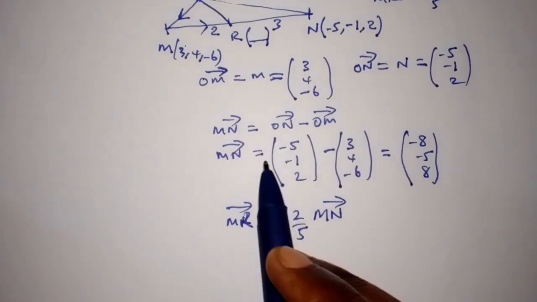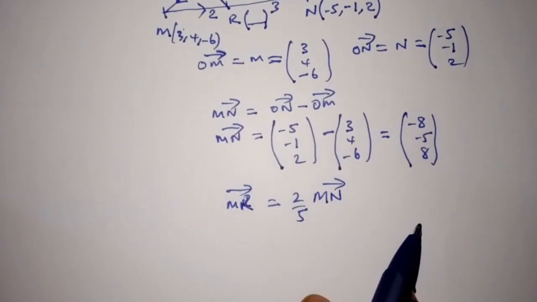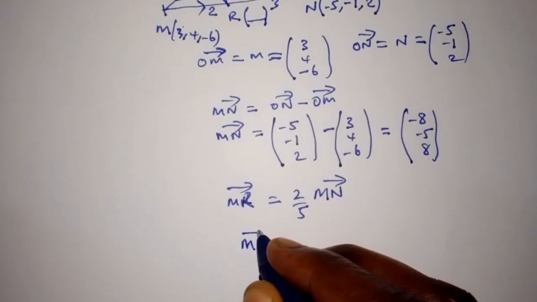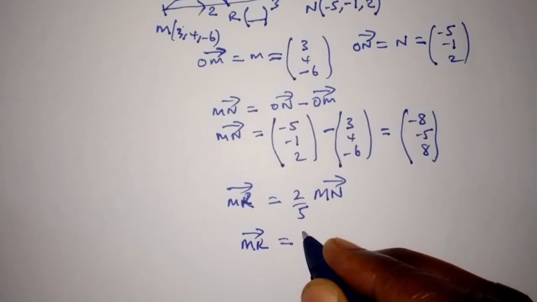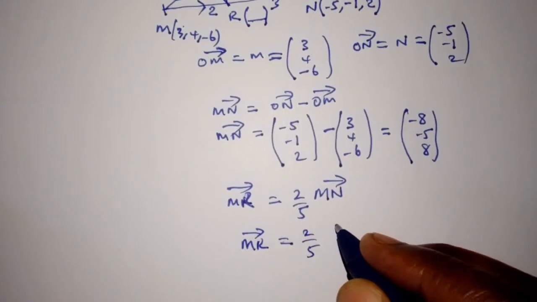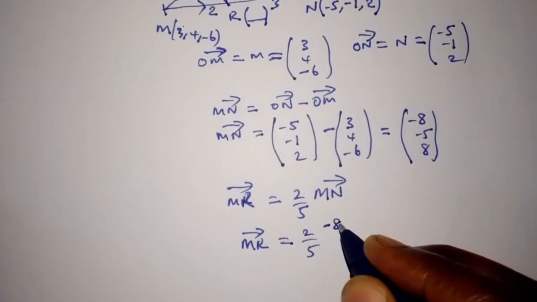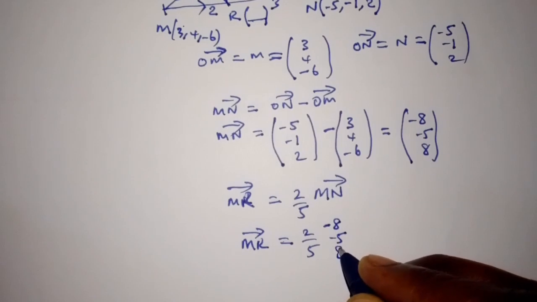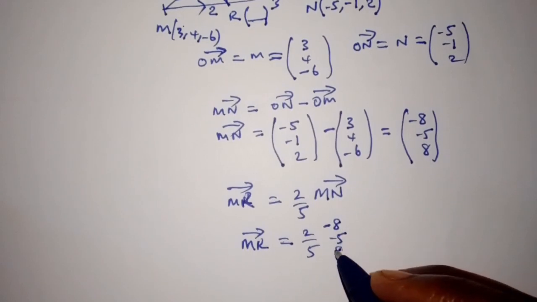And we know that vector MN is (-8, -5, 8). So vector MR is equal to 2 over 5 of (-8, -5, 8).